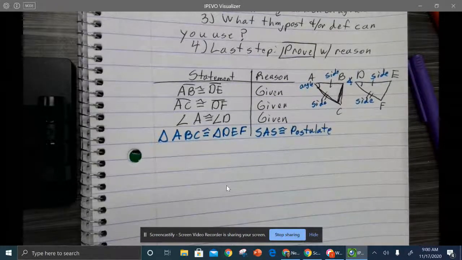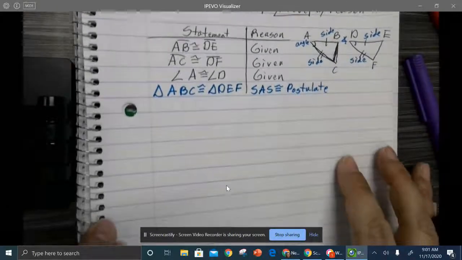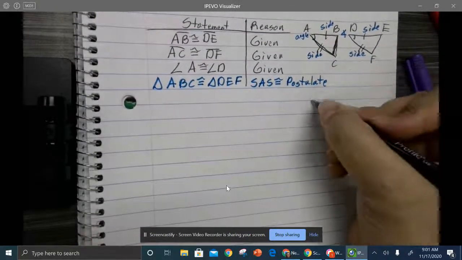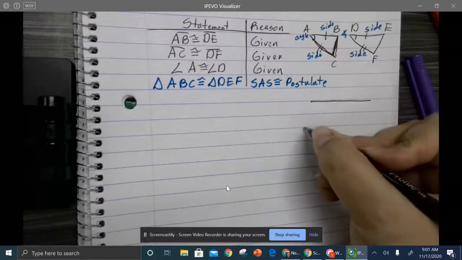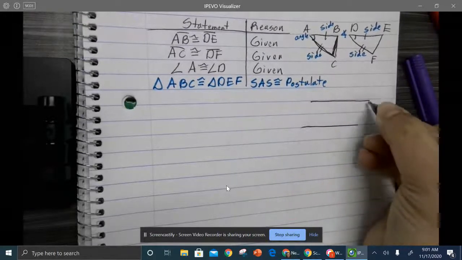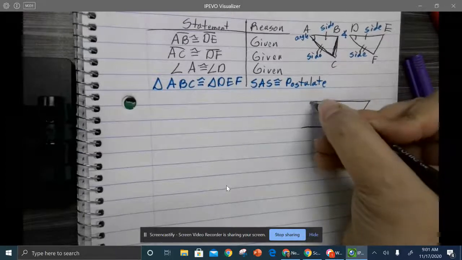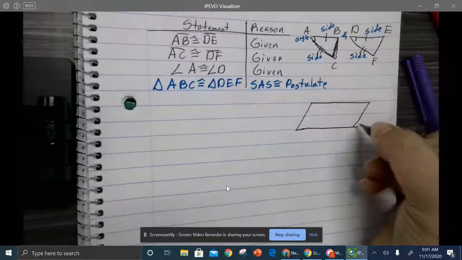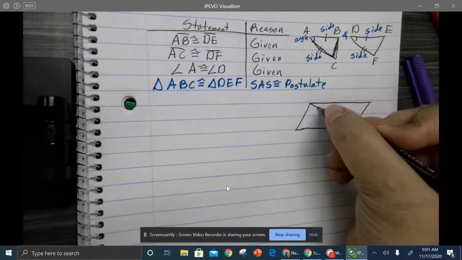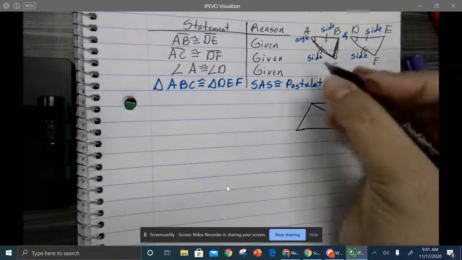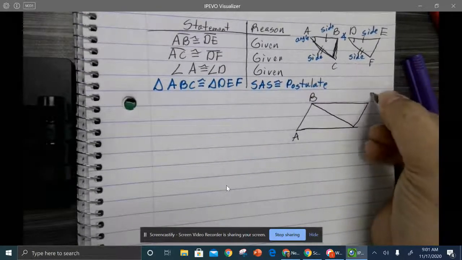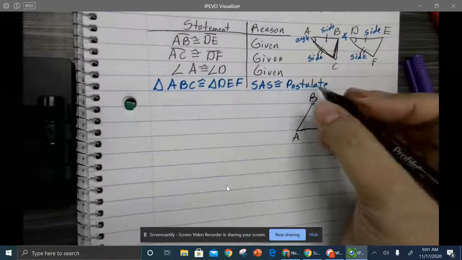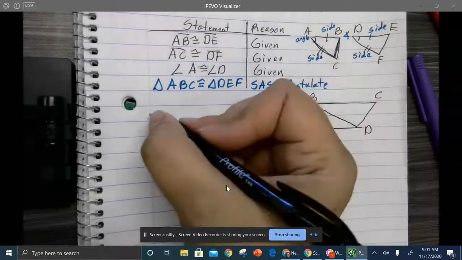Okay, so let's do another example, everybody. Keep working on these proofs. So we got this one, everybody, we're going to draw a parallelogram. Do our diagonal cross, and it's A, B, C, D. Okay.